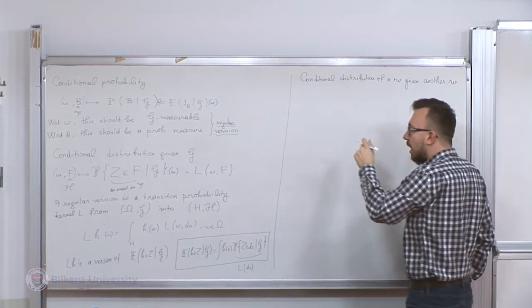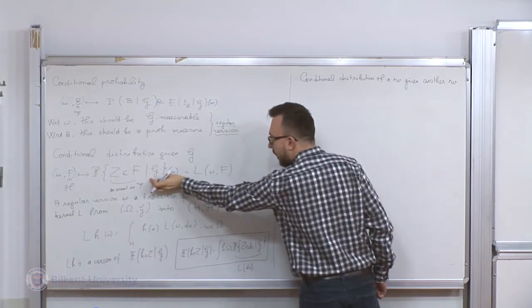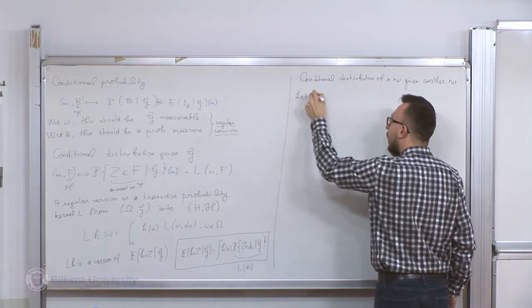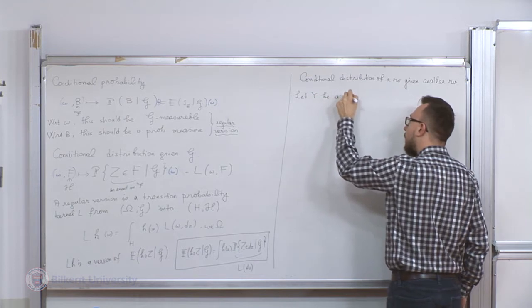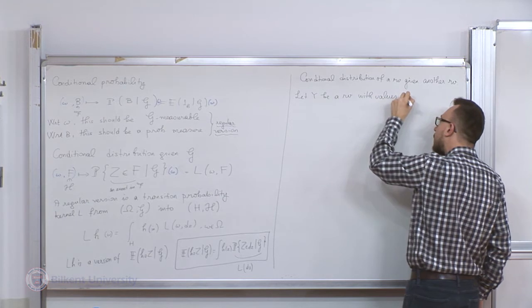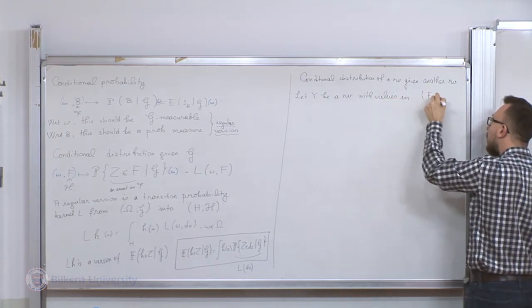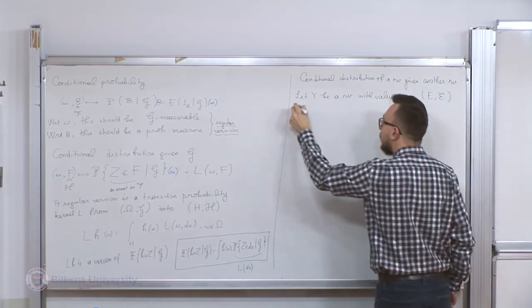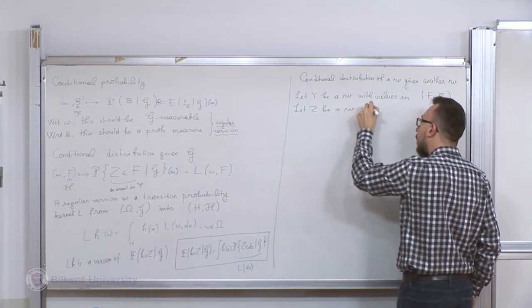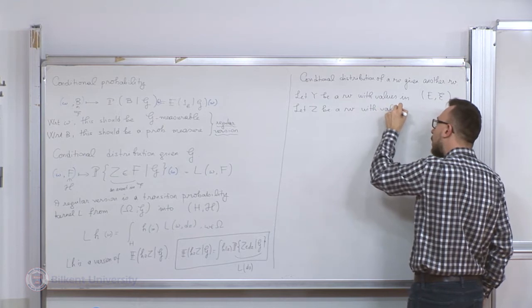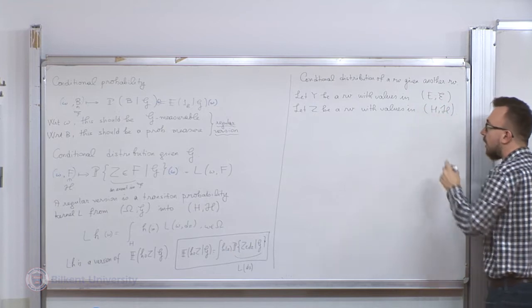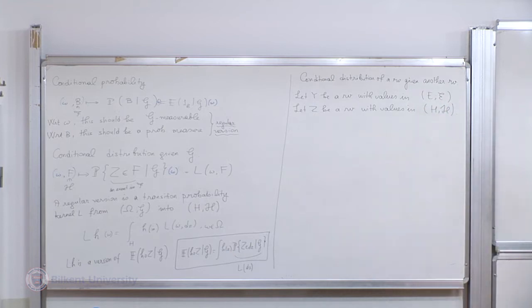So for this, I'm going to use a random variable Y, which is going to generate our G. So let Y be a random variable with values in some measurable space E, and Z be a random variable with values in H. So these two are just some abstract measurable spaces.